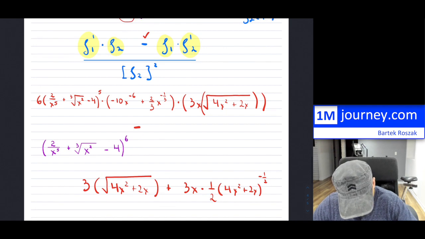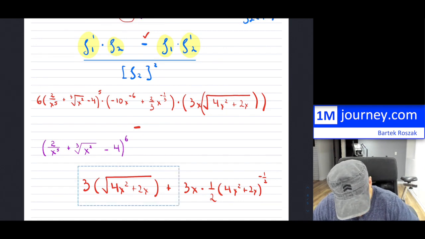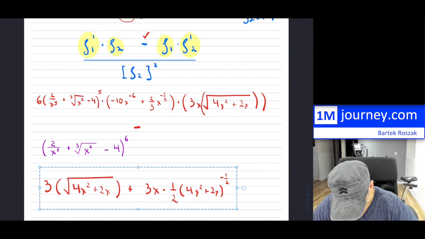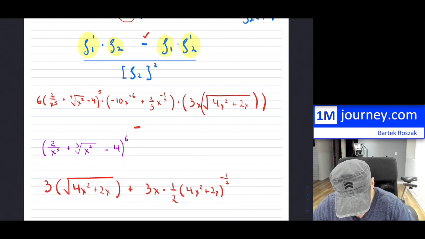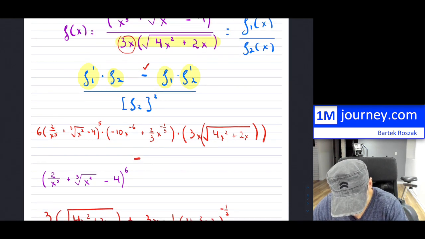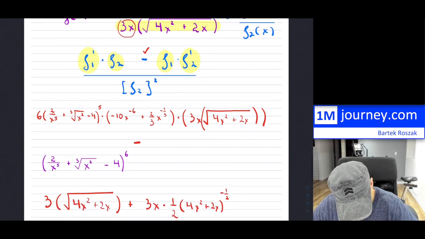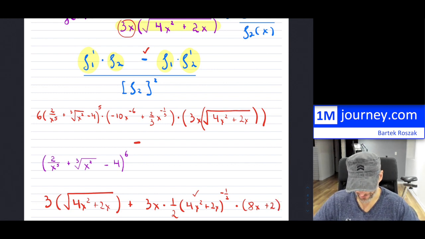And I'm still not done, by the way. Because the derivative of that entire thing, I have to now take the derivative of what's inside, and that's going to be 8x plus 2. And only now am I done.